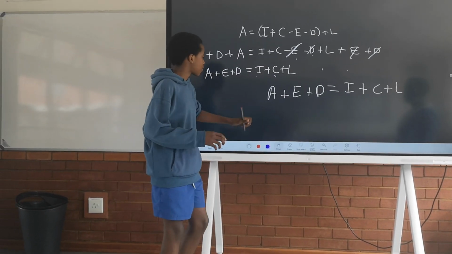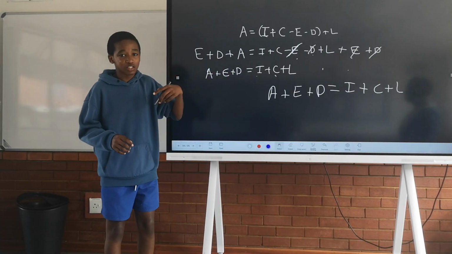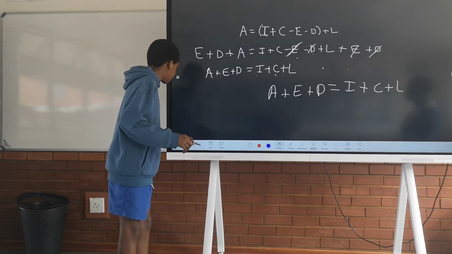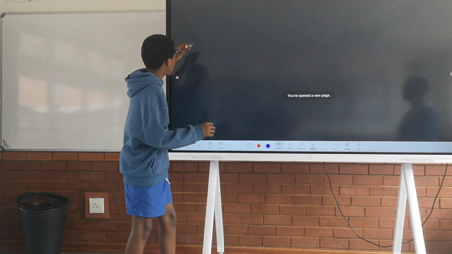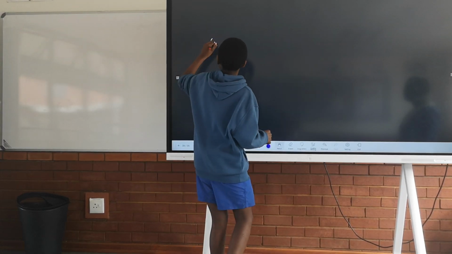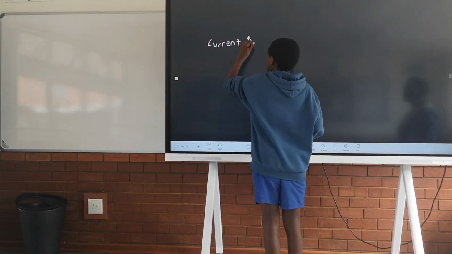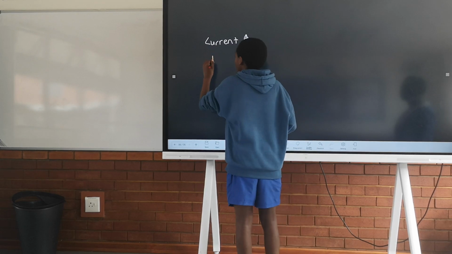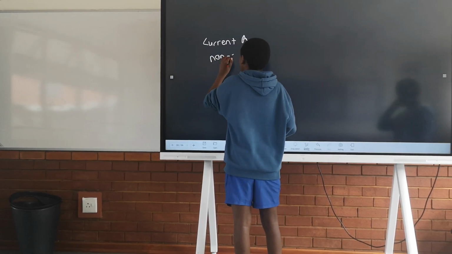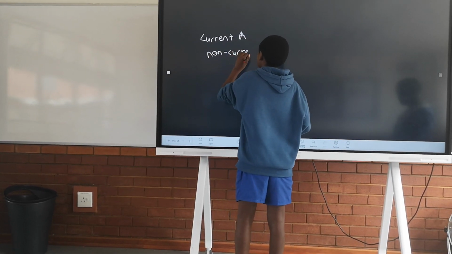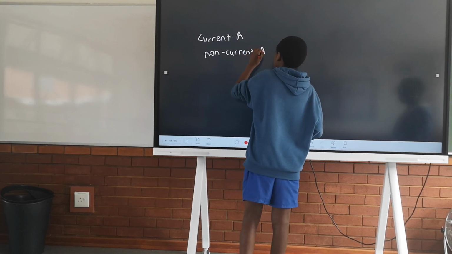Our assets are the possessions of the business, but our assets are divided into two. We have our current assets and our non-current assets.